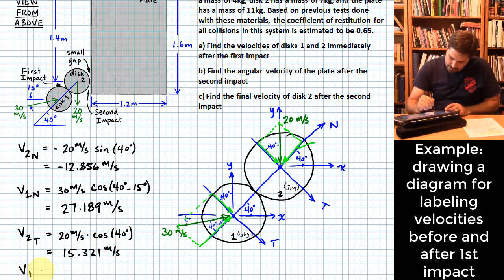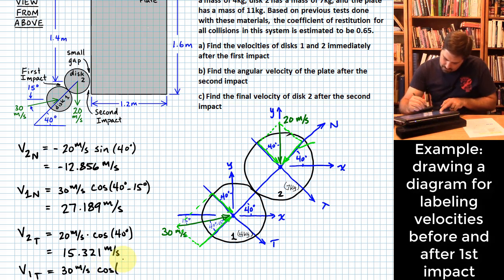And then V1t is going to be equal to, I need that piece that's up here, which I can get by using, instead of the cosine function, the sine function. So 30 meters per second times the, not cosine, sine of 40 degrees minus 15 degrees.